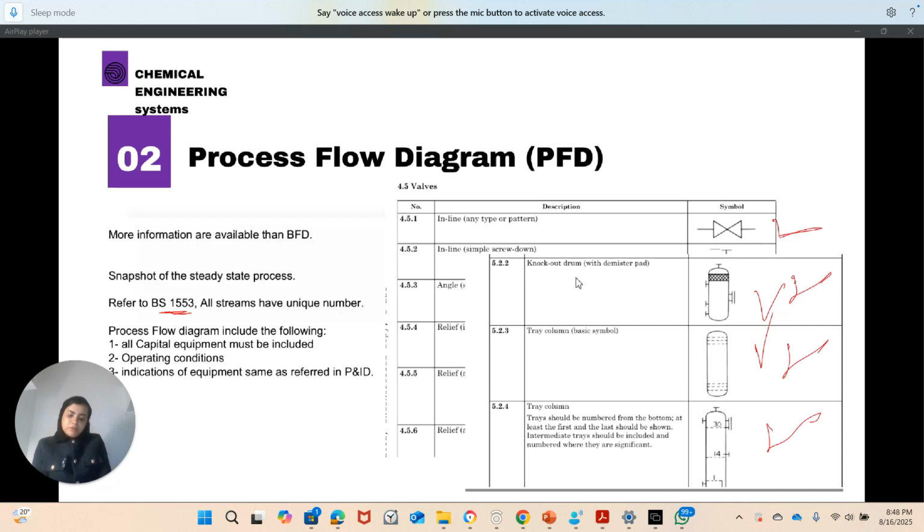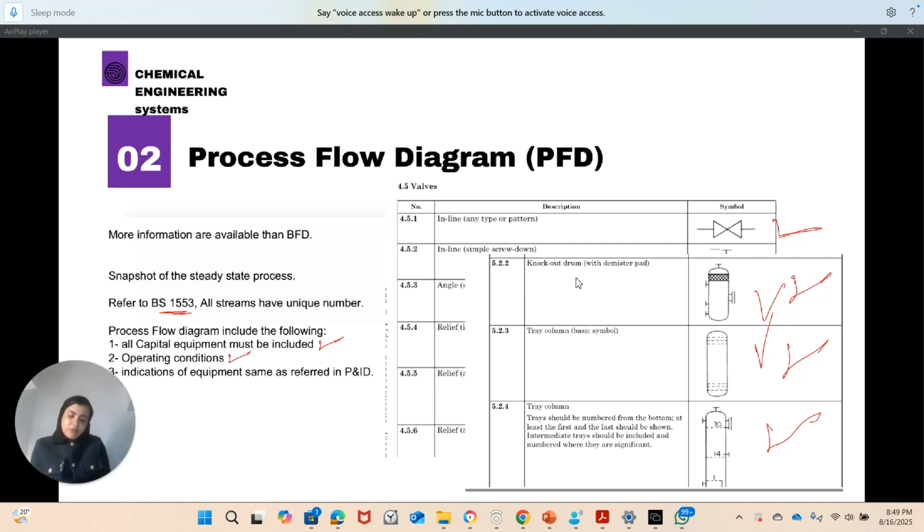So how do you know? Basically ask yourself the question: is this a capital equipment? A capital equipment is something like compressors, pumps, vessels, distillation columns, reactors. Those are capital equipment. All of the capital equipment should be added. Otherwise, you should not add non-capital equipment to the process flow diagram.